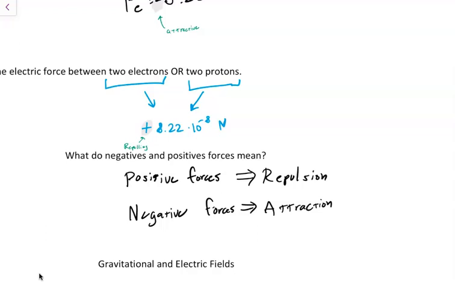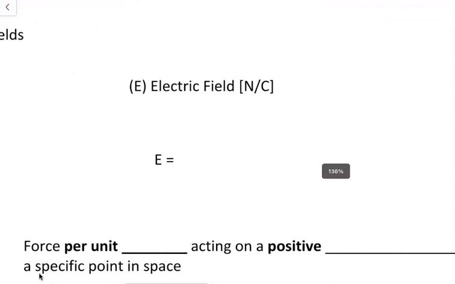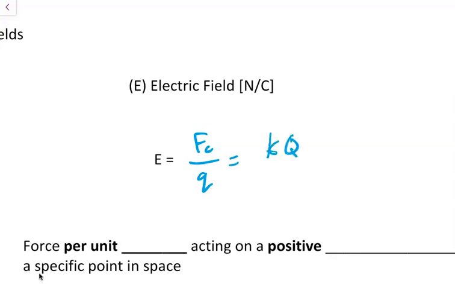All right, but now we want to get to fields, similar to gravitational fields, where this is just Fg over m. We end up saying that is equal to Gm over r squared. The electric field, which is in your data booklet, is, oh sorry, I'll start off with FE over Q, which is equal to kQ over r squared. Did I square this one?